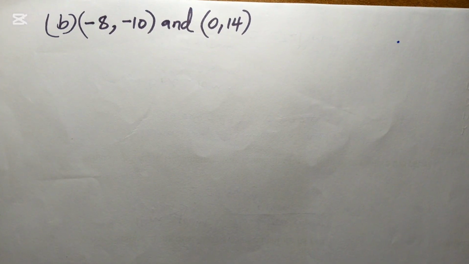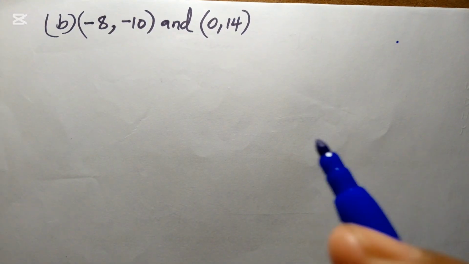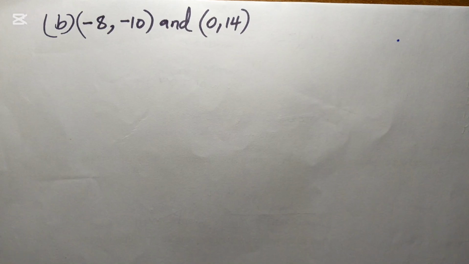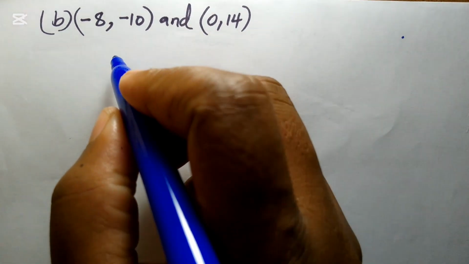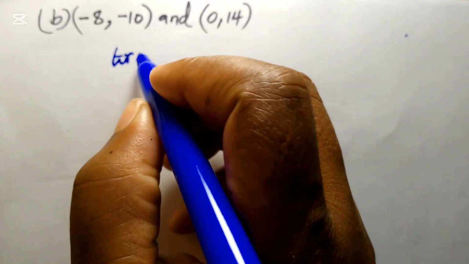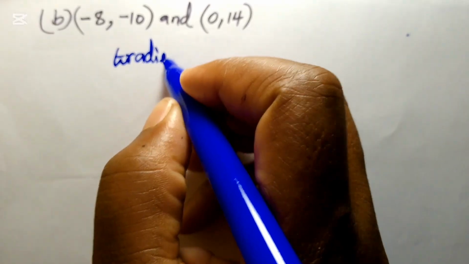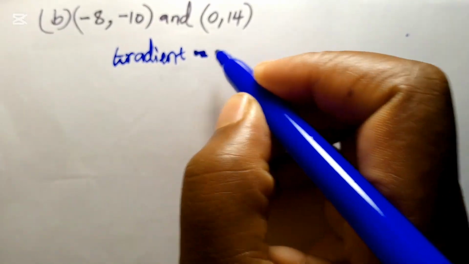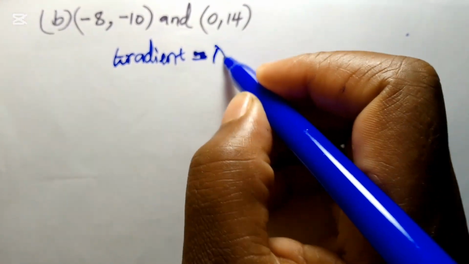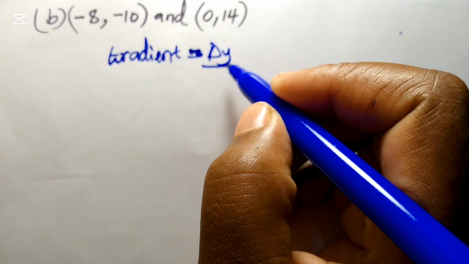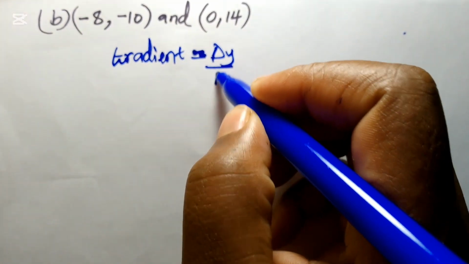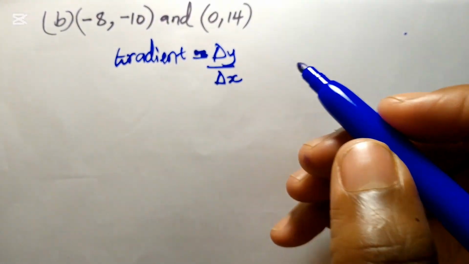Let's proceed to part B of the question. As we have done in part A, find the gradient, which is the change in y over the change in x.